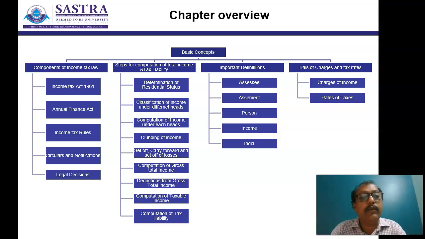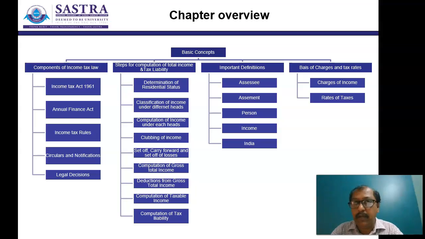First one is going to be the component of income tax law. It constitutes the Income Tax Act 1961, which is the basic law governing the entire income tax in India. That is going to be supported by the Annual Finance Act, and the income tax rules that are going to be amended every now and then.